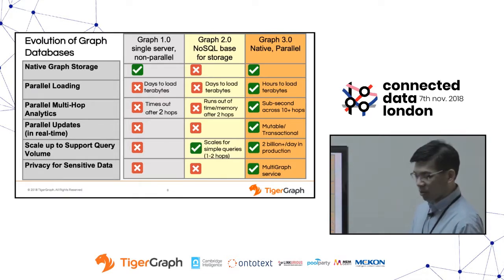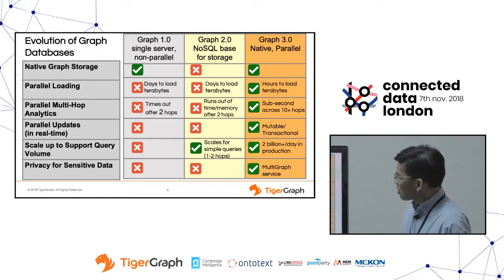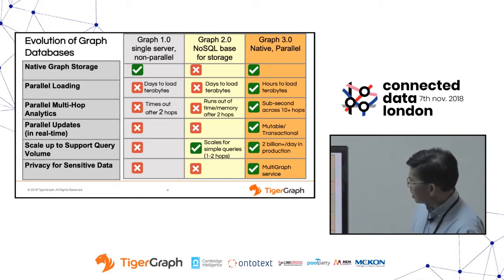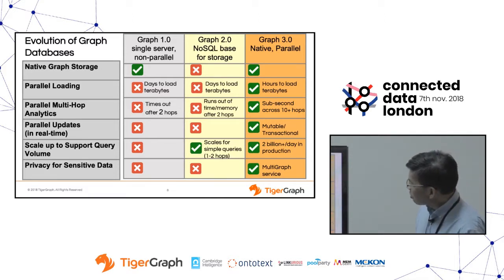So TigerGraph represents probably the first of the third-generation databases that have native graph storage, load data in parallel, and perform queries in parallel. Because of the native design, it can do multi-hop actions very quickly, is designed for both read and write efficiently, and is designed to scale. It's a distributed database.